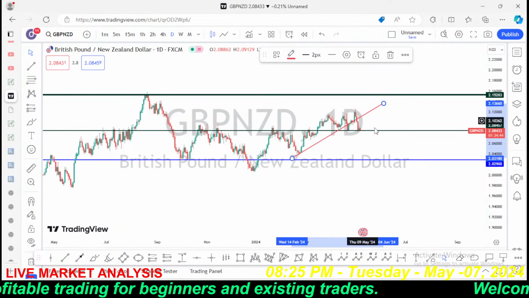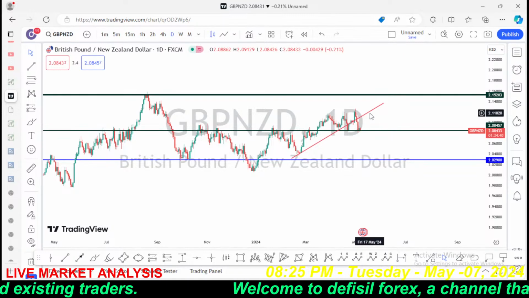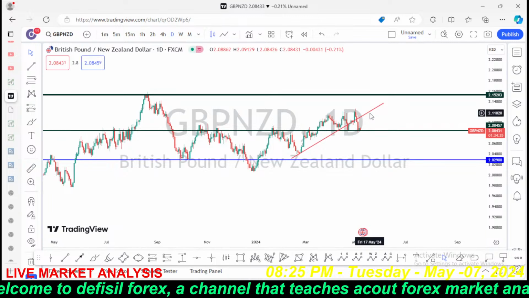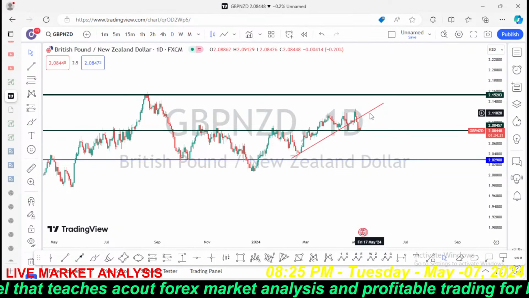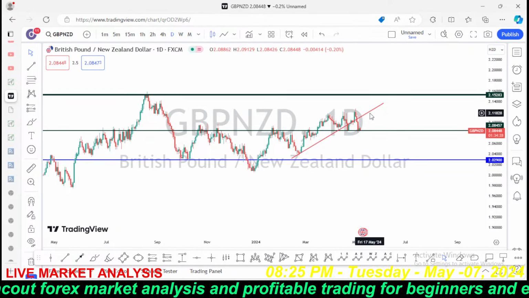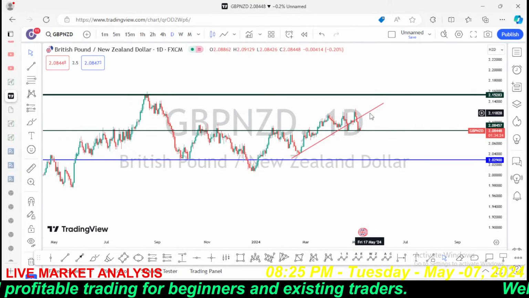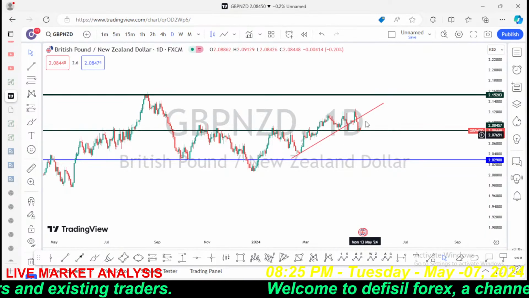Okay, so currently we have this trend line, and by price behavior the trend line has been broken to form a downtrend. So what we'll be looking at now is how the market reacts around this area.